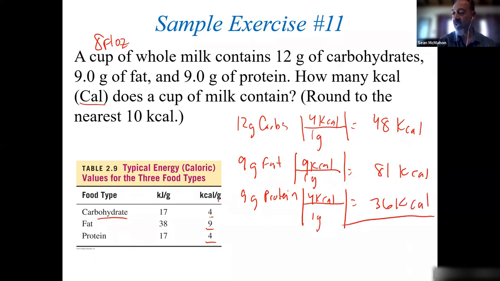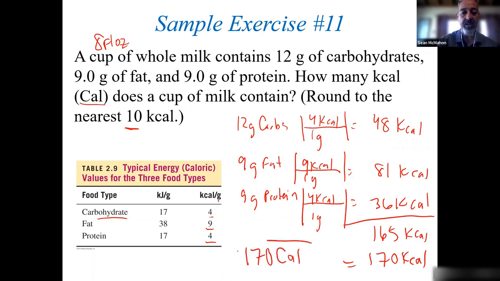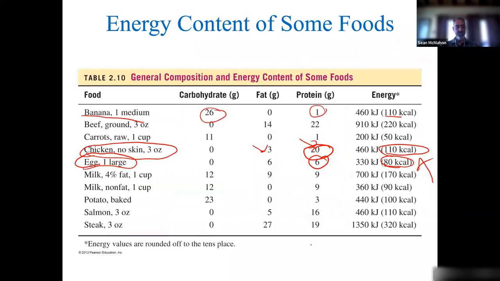When I add those all up, I get 165 kilocalories, but it says to the nearest tens kilocal, it'd be 170 kilocal, which we know that basically means 170 dietic big C calories. So a cup of milk is about 170 calories, whole milk, that is, right? And this is 4%, so it's a little bit different here, but yeah, pretty good.